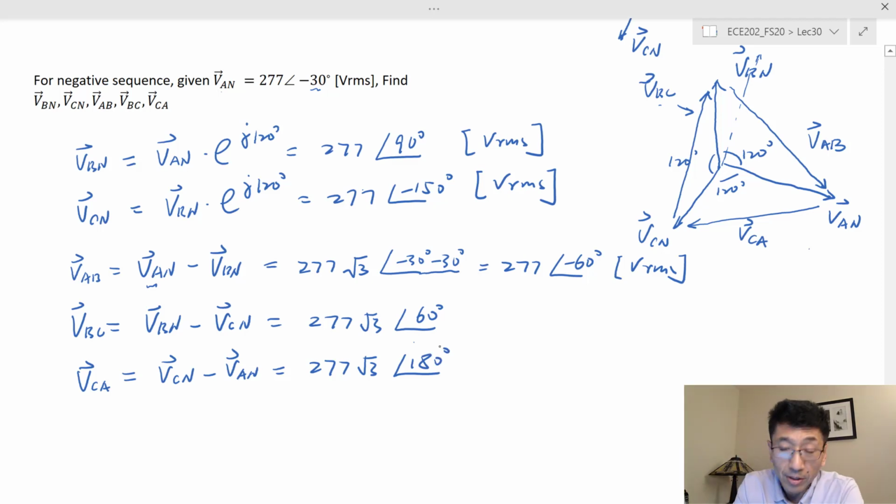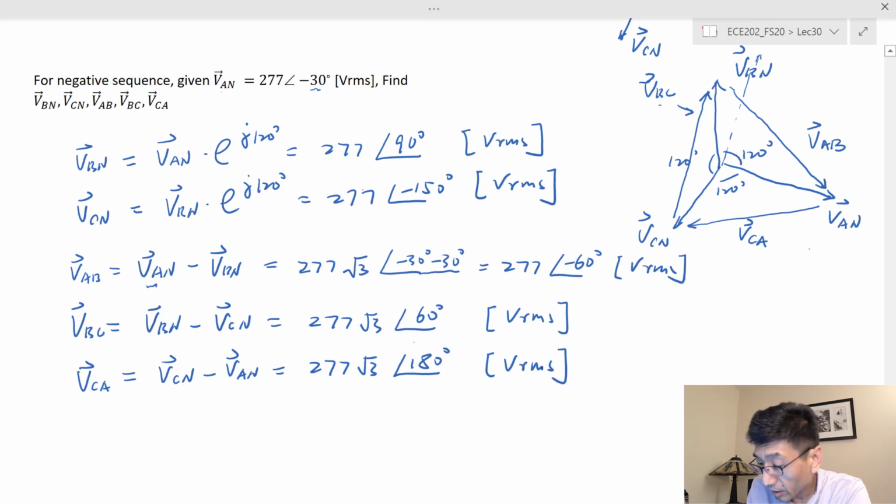Or you could write negative 277 times square root 3. That's the same. Or you can write negative 180. Doesn't really matter, right? The negative 180 and the positive 180 are the same. So these are the values for the negative sequence. And you see how things can be simplified if you use a phasor diagram, right?